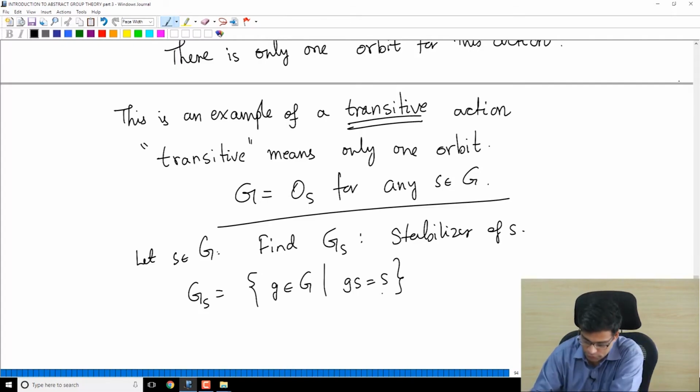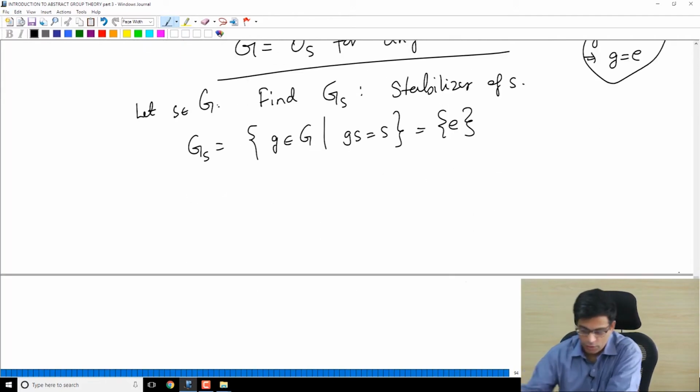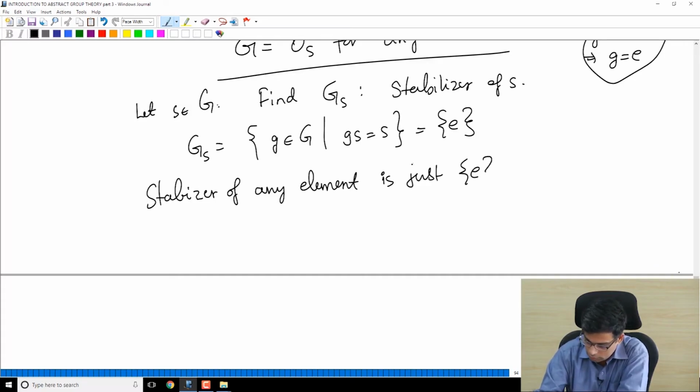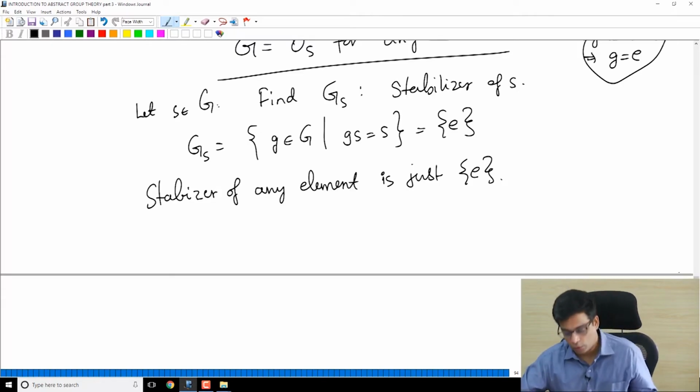If gs equals s, a quick calculation tells you, and this also we have done earlier, that the stabilizer of any element is just {e}. And this illustrates the counting formula that we have done.